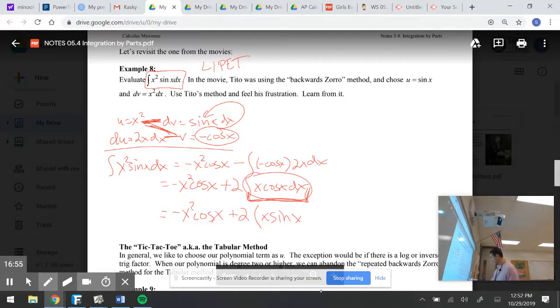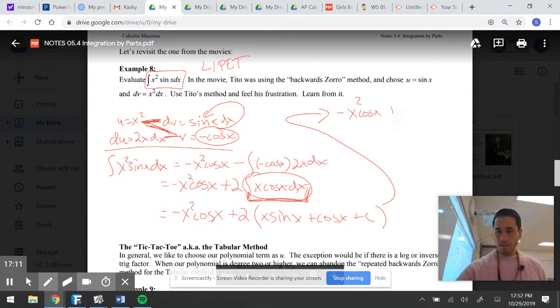It was x sine x plus cosine x plus C, right? So my final answer for this long bad boy would be negative x squared cosine x plus 2x sine x plus 2 cosine x plus 2C, which would just be C.